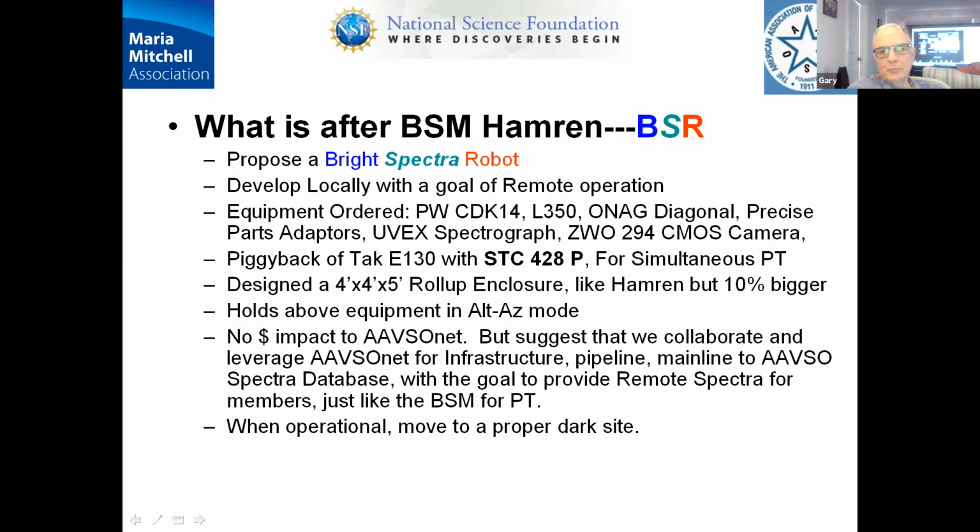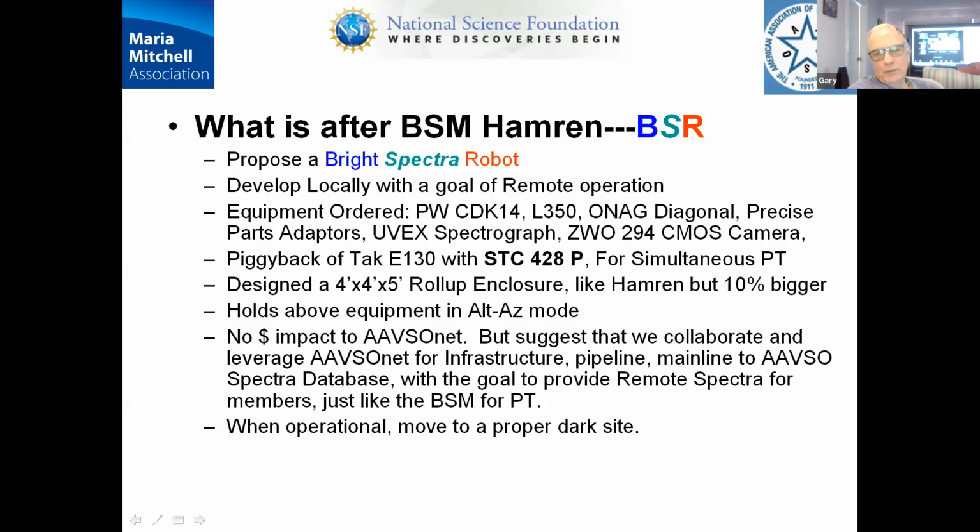So the plan is to put the Epsilon 130 with an STC 428P SBIG CMOS camera in order to do simultaneous photometry and spectroscopy. I designed up a 4x4 by 5 foot roll-up enclosure, very much like Hamrin, but about 10% bigger. I have a picture of that, which I can show you.